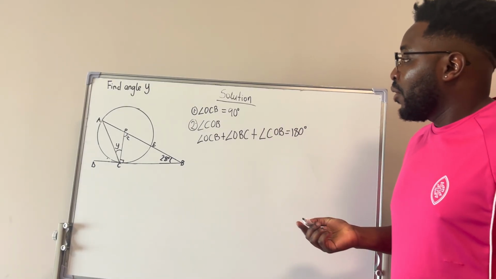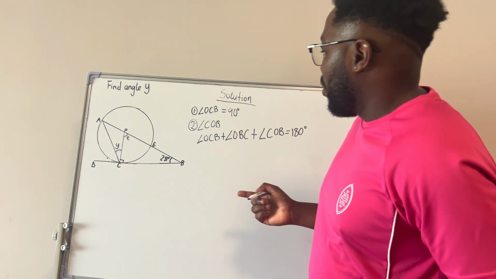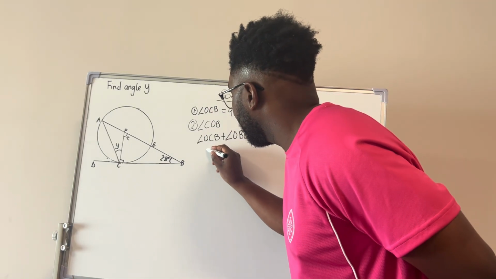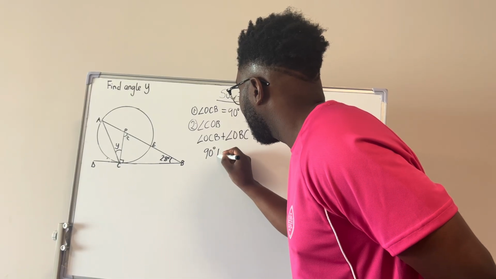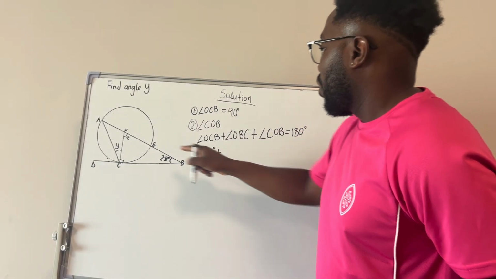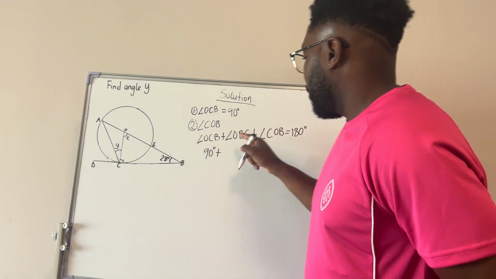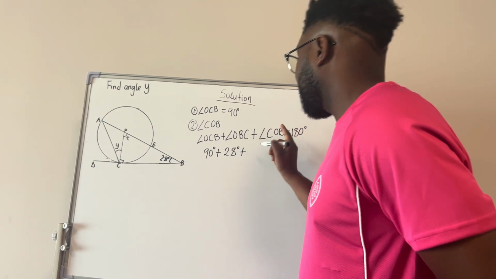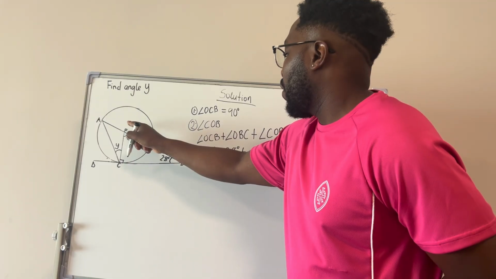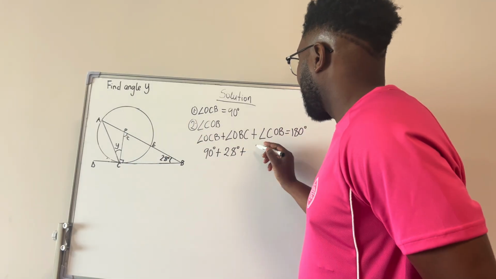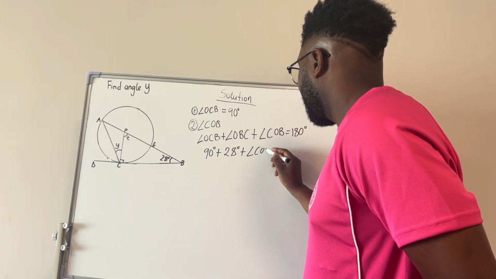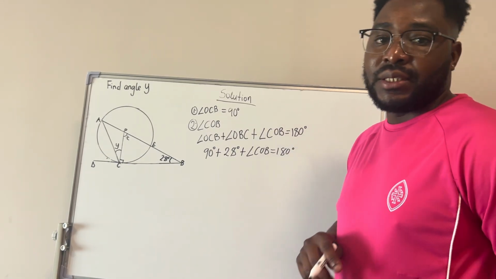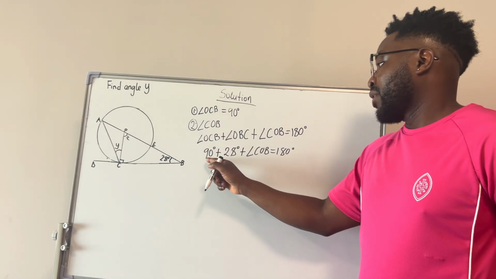Our angle OCB that we just found is 90, plus our angle OBC was given as 28 degrees, plus angle COB, our X, that's what we are looking for, equating that to 180 degrees.